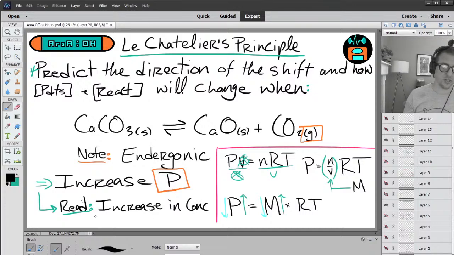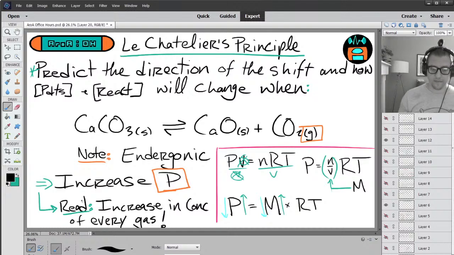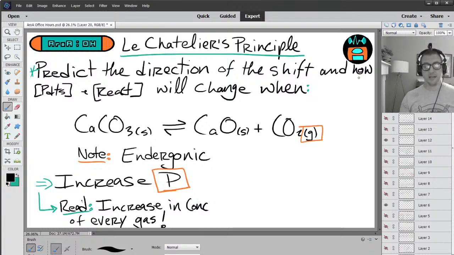An increase in the concentration of every gas. All right, that's what we're dealing with when we're dealing with an increase in pressure.